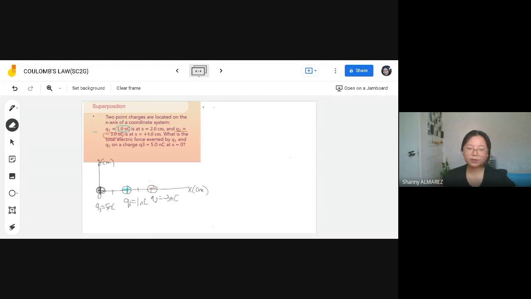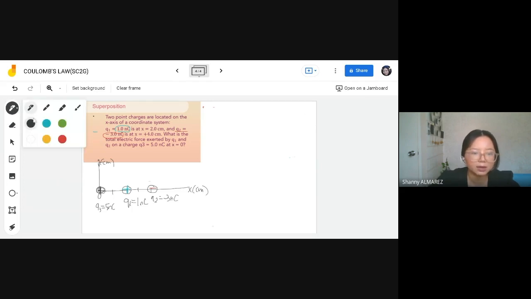What is the effect of Q1 on Q3? Since they are both positive, ano yung F1 on 3? To which direction will it go? F1 on 3. Pasaan?